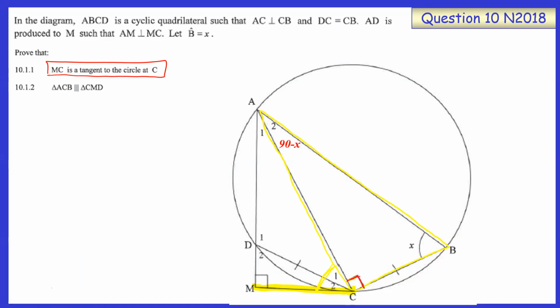So if this angle is 90 and this angle is X, 180 minus 90 is 90, the remainder has to be 90 minus X. Very important to remember, whenever you have a right angle triangle, if we call this X, this has to be 90 minus X, agreed? Conversely, if that's 90 minus X and it's a right angle triangle, what will this angle be? X. Does that make sense what I'm trying to show you?